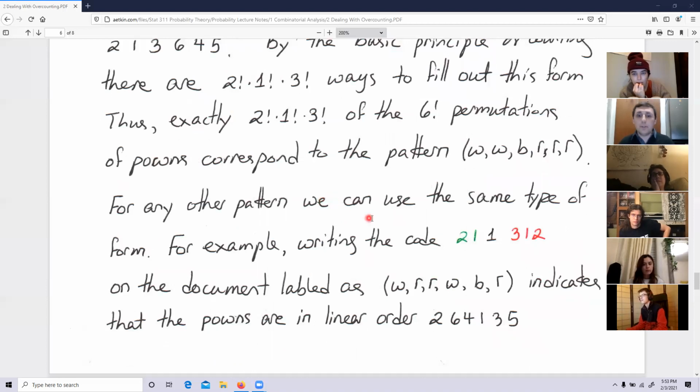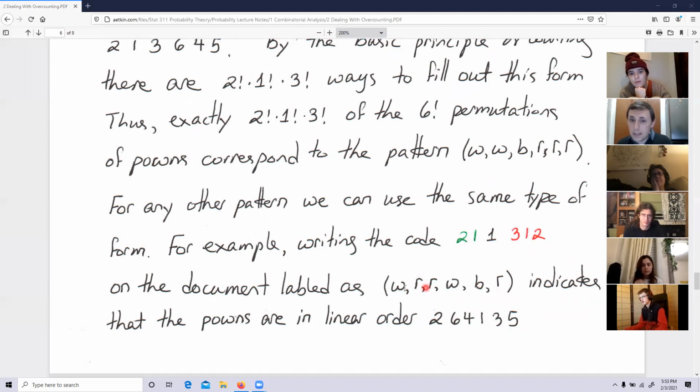So, for example, imagine that if the document label were white, red, red, white, black, red, and you get this code, that can clearly tell you what was the linear ordering for the population. It means the linear ordering of the population was 2, 6, 4, 1, 3, 5. Understand?